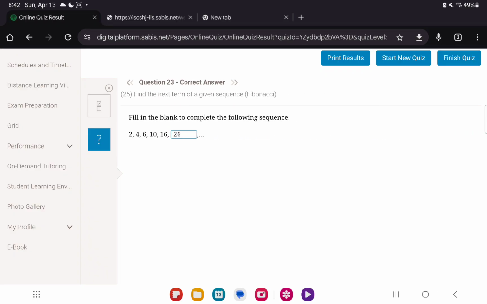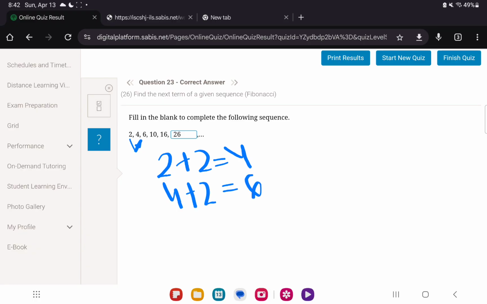Okay, this one, it's really confusing, but you'll get it, okay? So, from 2 to 4, you add by 2. So 2 plus 2 equals 4. And then you take 4 and add it to 2. So 4 plus 2 equals 6. And then you take these two. So 6 plus 4 equals 10. And then you take these two.